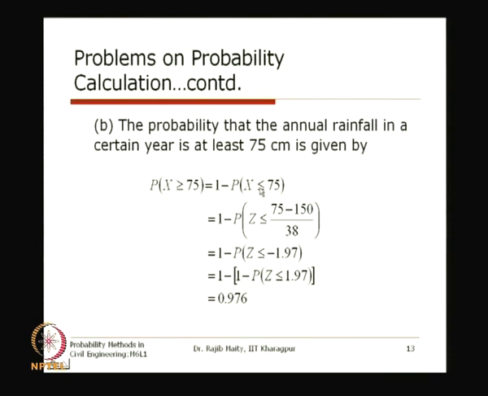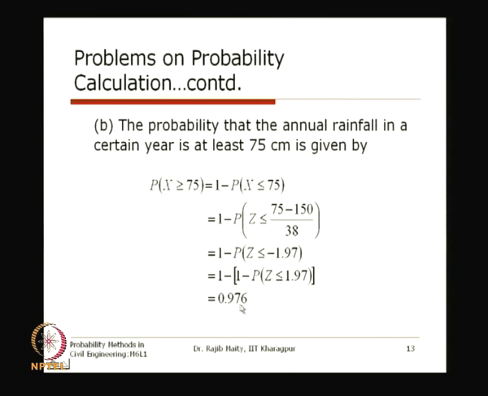With this, now we will follow again the similar procedure. We have to transform it to get the reduced variate, which is 75 minus the mean 150 divided by the standard deviation 38, which equals minus 1.97. This probability of z less than or equal to minus 1.97 can be directly obtained from the table, or, as I told, if only the positive side is available, then you can further transform it to 1 minus the probability of z less than or equal to plus 1.97.